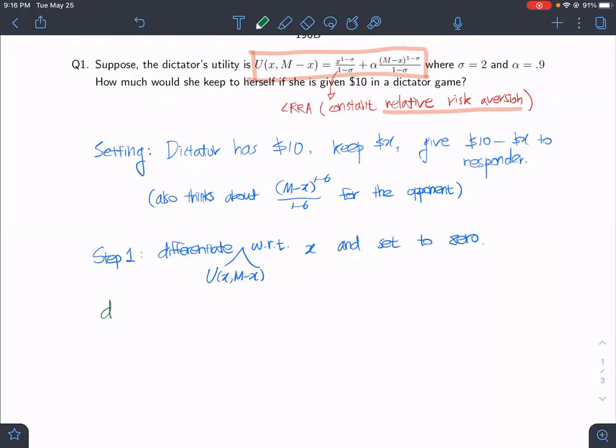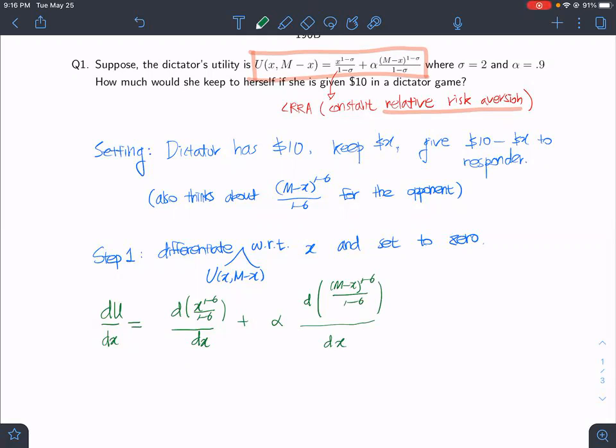Then du/dx will be, let me go step by step. Differentiate this function with respect to x, plus alpha times the derivative of (m minus x) to the 1 minus sigma over 1 minus sigma with respect to x.